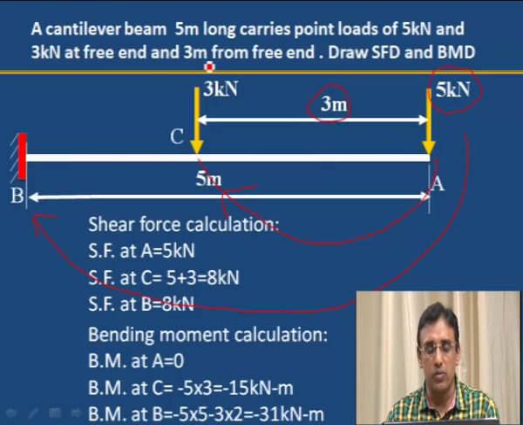And another force is acting here, 3 kilonewton, 3 kilonewton into distance. What is the distance from C to B? C to B is 5 minus 3, that is 2 meter.